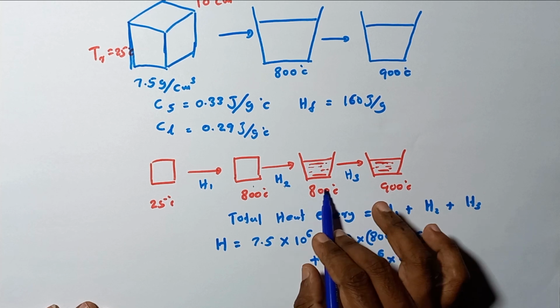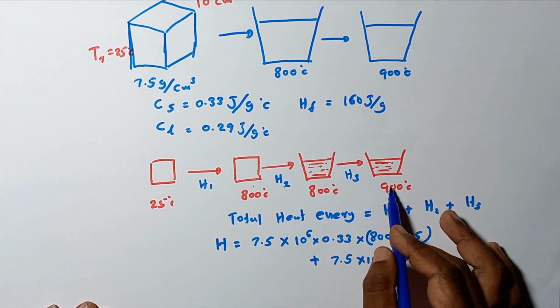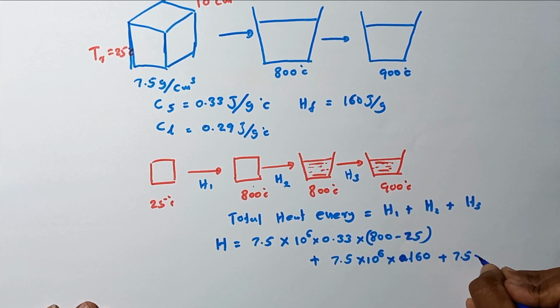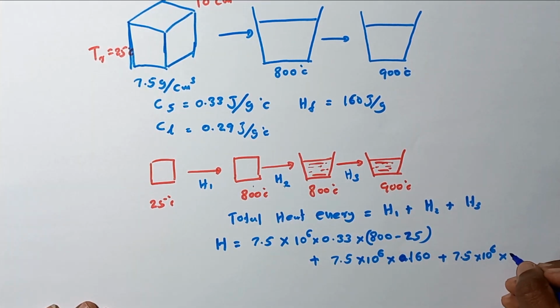Plus, it has to be further heated to the pouring temperature by giving H3 energy, which is equal to the total weight of the object, 7.5 into 10 to the power of 6, into the specific heat of the liquid metal, 0.29, into the temperature difference, 900 minus 800.